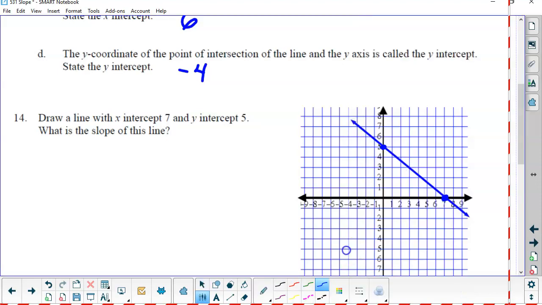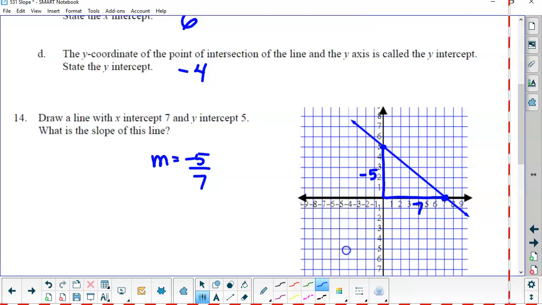Okay. What's the slope of this line? So again, you can go down and to the right, because you don't know 2 nice points. So down 5, to the right 7. So if these are both positive, my slope will be negative, and that is -5/7.